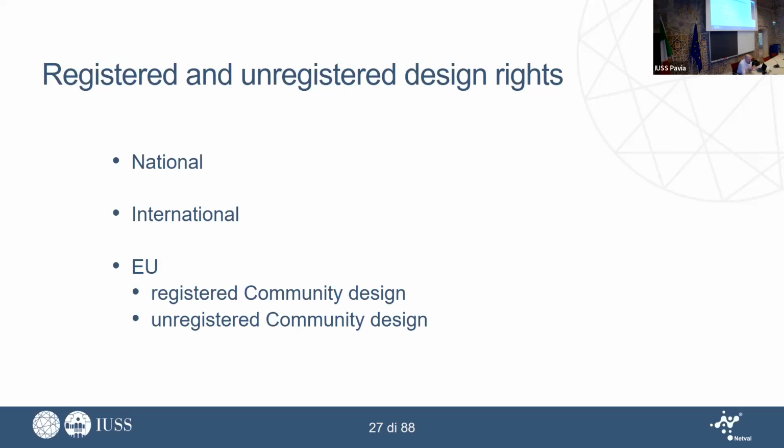So the registration process in this case could be longer compared to the length of the design or the product. So if I create a product that changes its form, its shapes every 6 months, 1 year, to protect the design will be difficult because of the time necessary for the registration.